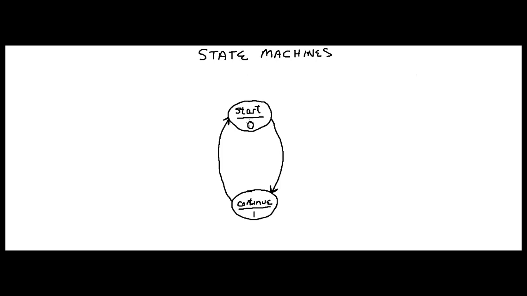The state variable has a value of zero. Then it progresses to continue, the next state, which has a value of 1, and then continues back. Pretty straightforward, you can't get more simple than that. This is only one flip-flop. It has only one variable Q0. It's either going to be a 0 or a 1.